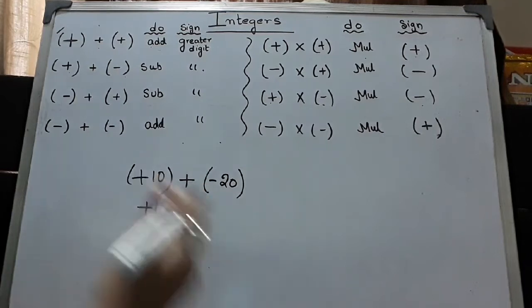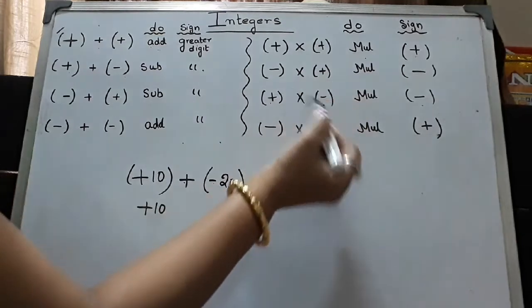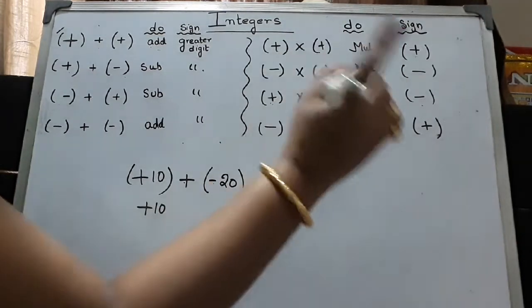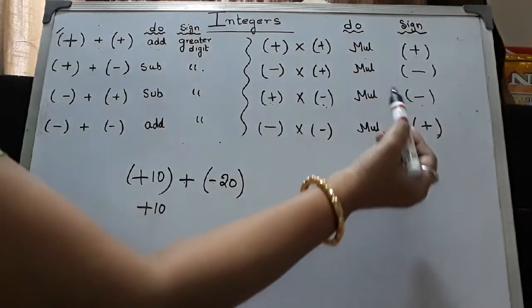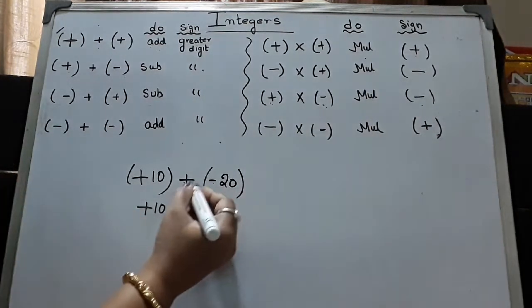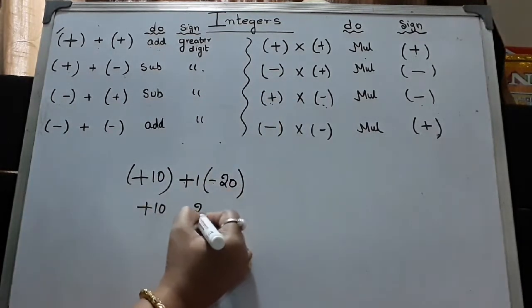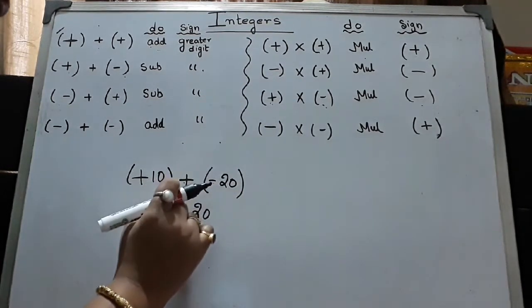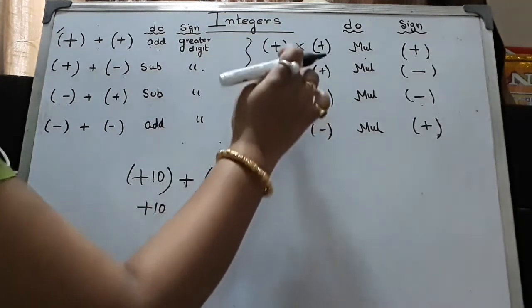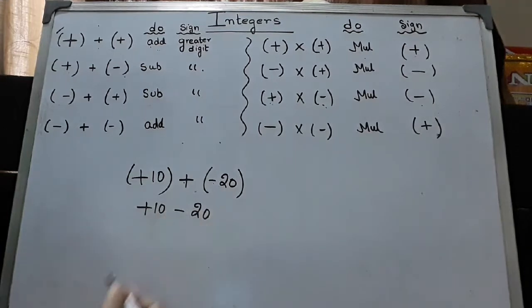Means I will discard the bracket. So plus into minus, come here again where it is plus into minus. You have to put the sign. You have to think here, because here there is no multiplication part, or you can imagine here 1, as I told you before also, 1 into 20 is 20. Okay, and what sign you are going to put? Plus into minus. So plus into minus, the sign will be minus.